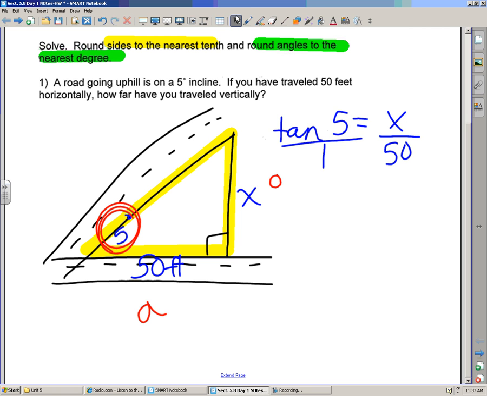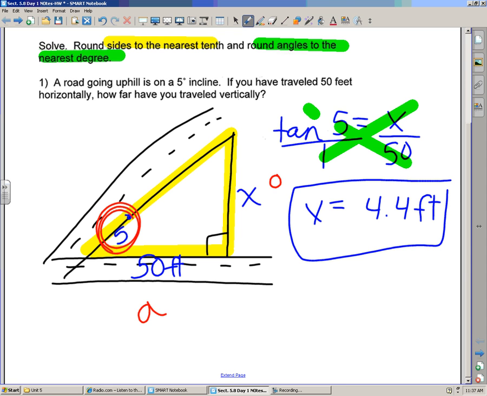Then when you cross multiply, with your calculator in degree mode, x equals tan 5 times 50. When the calculator opens the parentheses for the tan 5, you've got to close that parentheses before you multiply by 50. To the nearest tenth, that becomes 4.4 feet.